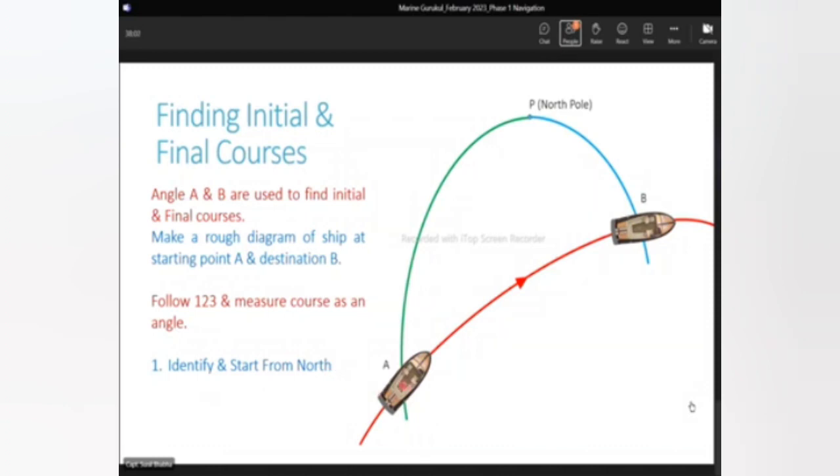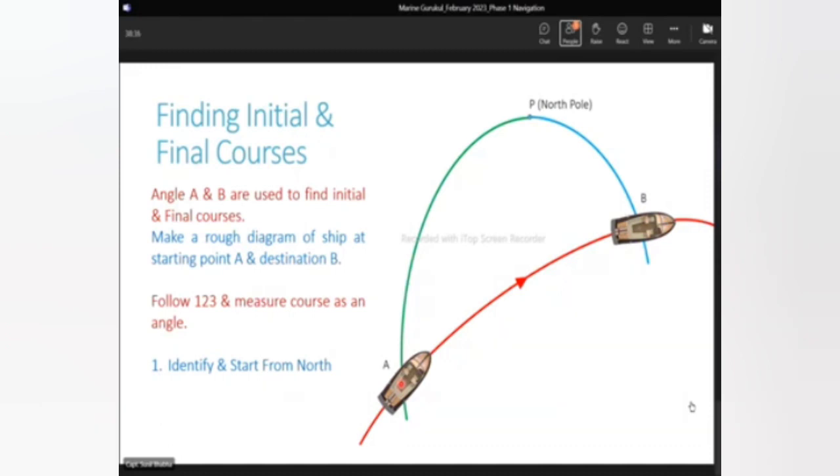Let's go to our initial position A. Now at this position, which is the northerly direction? That is the first thing which we need to identify. We know that the meridians run in the north-south direction. Towards the North Pole, the direction of the meridian gives us the north direction, and towards the South Pole, the meridian shows us the 180 or southerly direction.